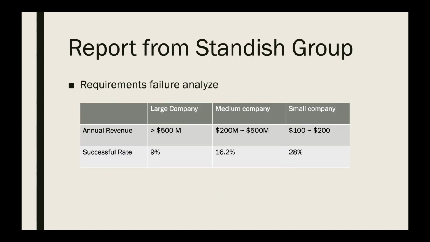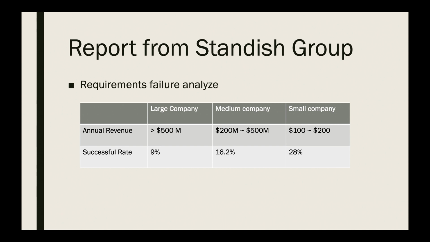And next, I want to talk about a report from the Standish Group. The Standish Group research indicates that one of the most important reasons that bridges are done on time, within budget, and do not fall is because of the extremely detailed design. Based on their research, they analyzed requirement failure according to different company sizes.